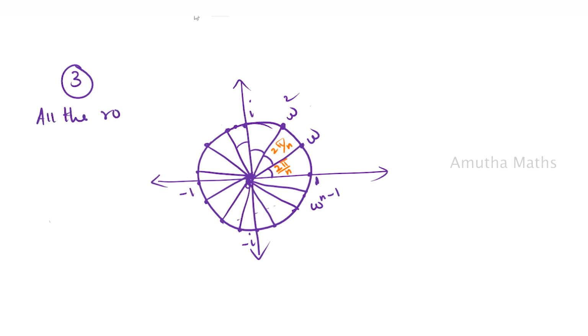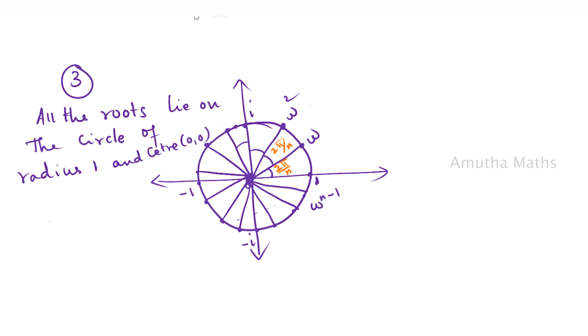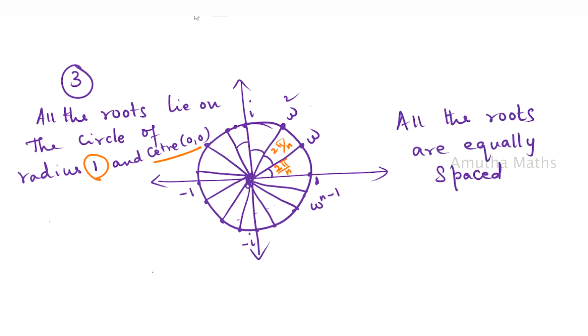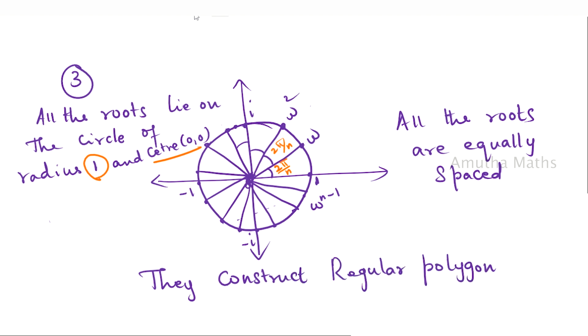So all the roots lie on the circle of radius 1 and center 0, 0. Okay. Center 0, 0 and radius is 1. Okay. All the roots are equally spaced. They construct regular polygon. So these are the three important points.